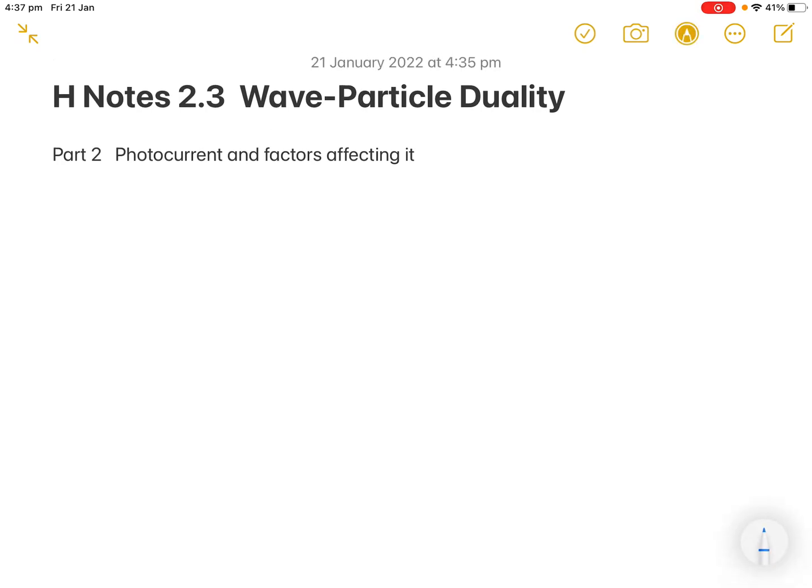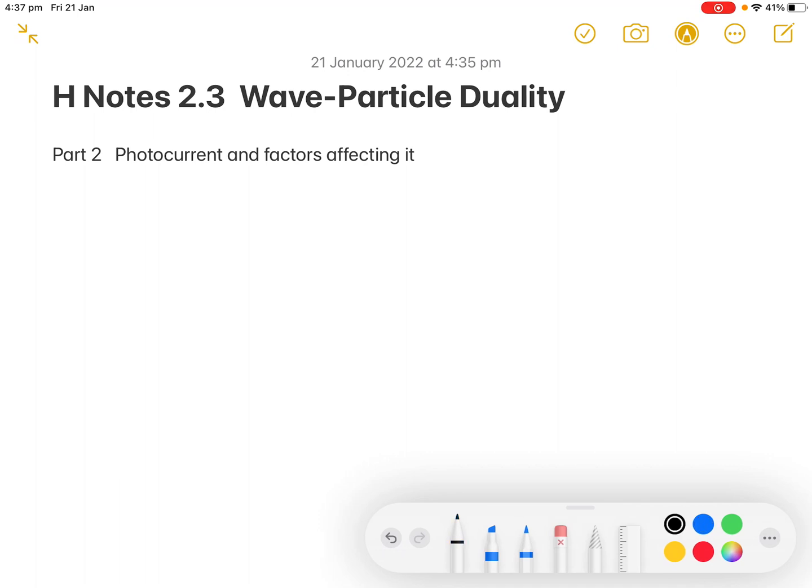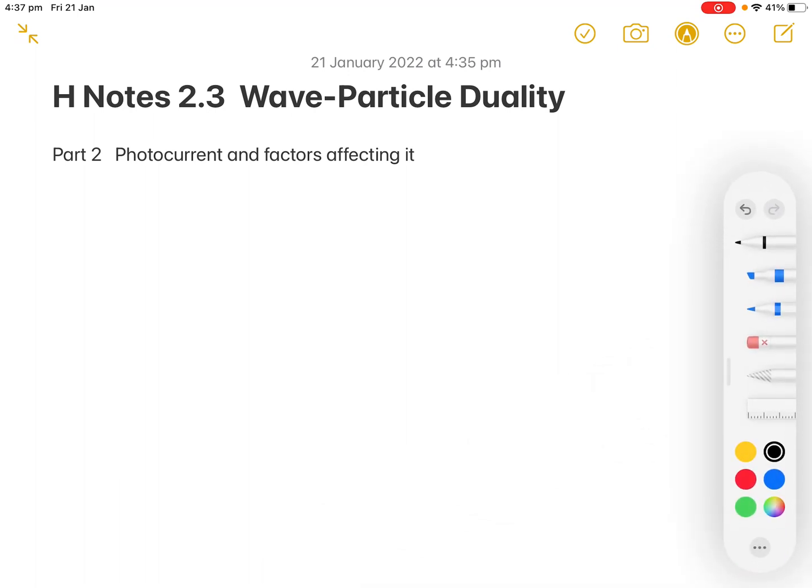Well, so far we've investigated the photoelectric effect, but we've concentrated on individual electrons being photo-emitted. If you allow the photoelectric effect to take place, then there will be a stream of photons arriving from the incident light, or indeed other wavelengths of electromagnetic radiation, which also cause the effect.